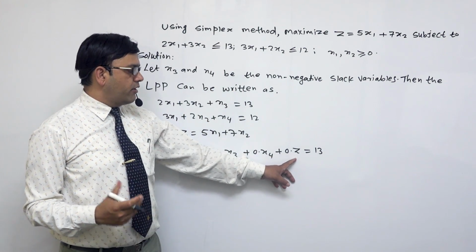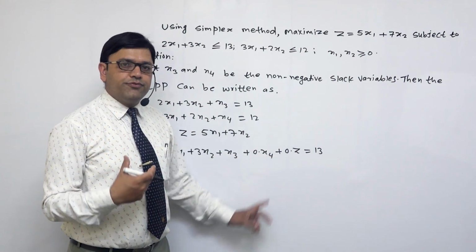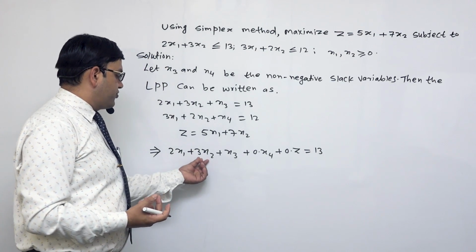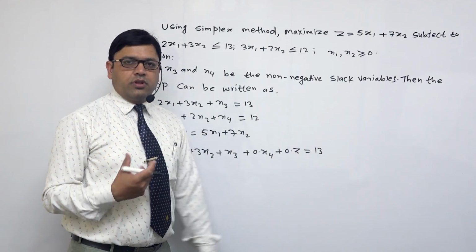So 0 times z is 0, 0 times x4 is 0. So we have 2x1 + 3x2 + x3 = 13.